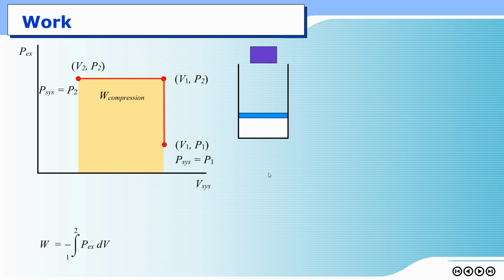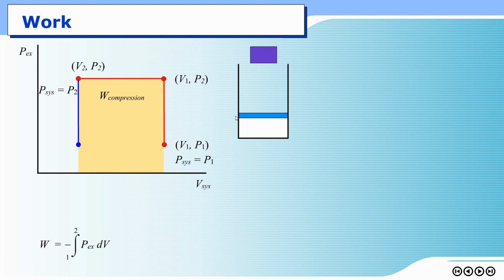Now, if I remove the mass from the piston, as soon as I lift up this mass, the pressure on top of this piston would decrease back to P1 abruptly. So the function should go down abruptly along this blue line. Right now at this point, external pressure returns to P1.